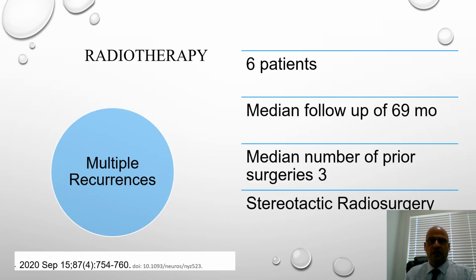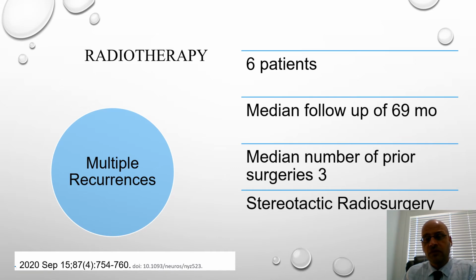Okay. So the other modality of treatment we have is radiotherapy. We talked about surgical treatment and hormonal treatment for Rathke's cyst, and now the last new kid on the block. This is a study from 2020, a small number of patients.